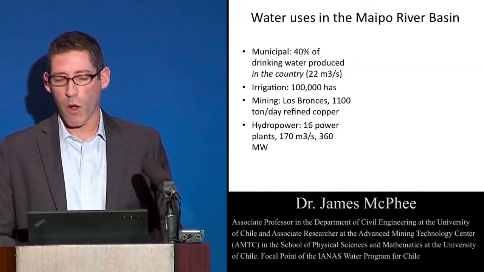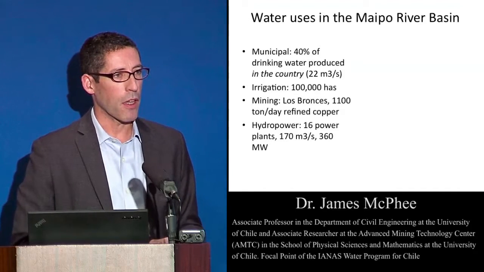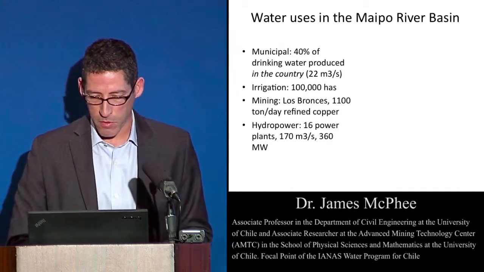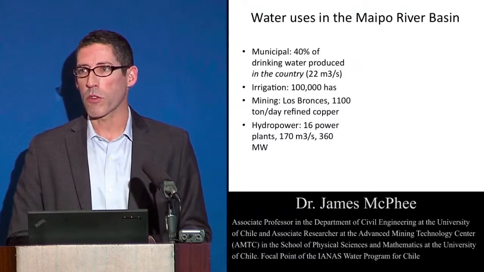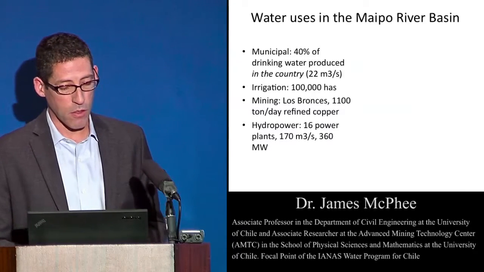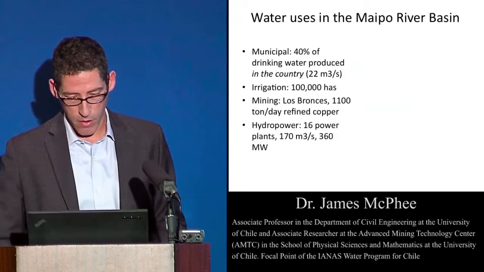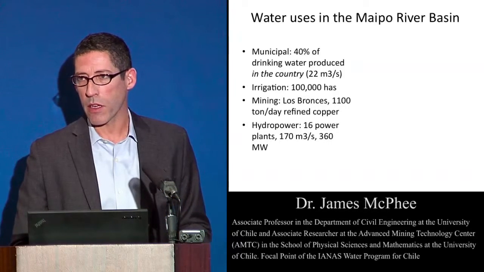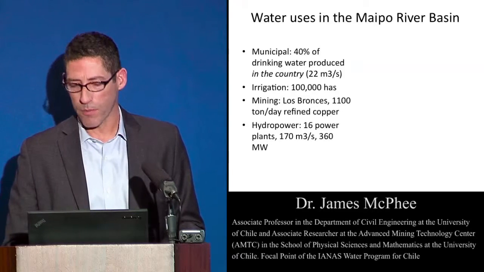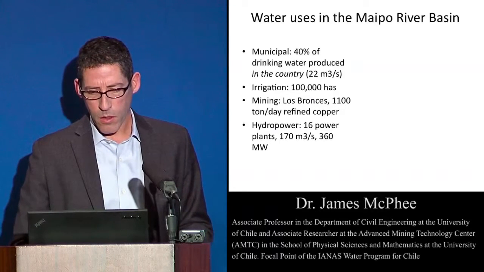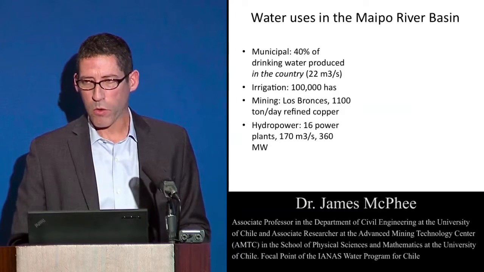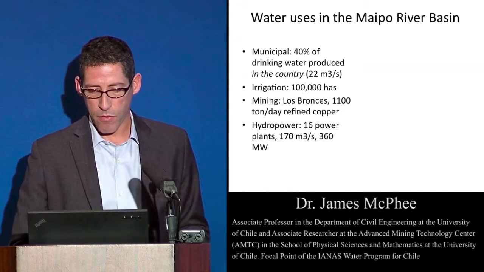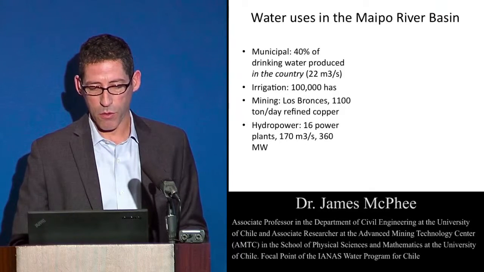40% of all the drinking water produced in the country is consumed in this watershed. It amounts more or less to 22 cubic meters per second for almost all the inhabitants of the region of the watershed. We have 100,000 hectares of irrigated agriculture, mostly high value crops, vineyards, fruit, some alfalfa too.